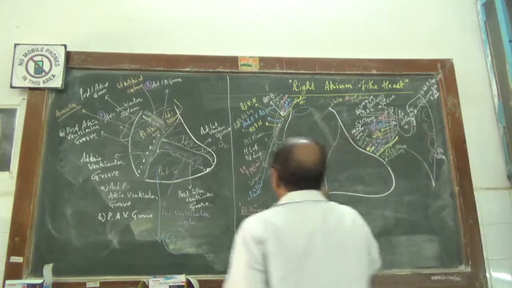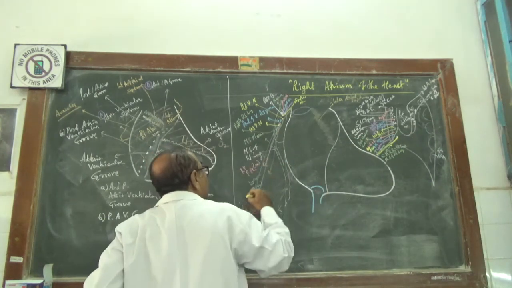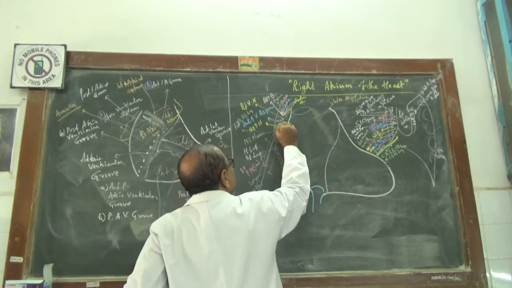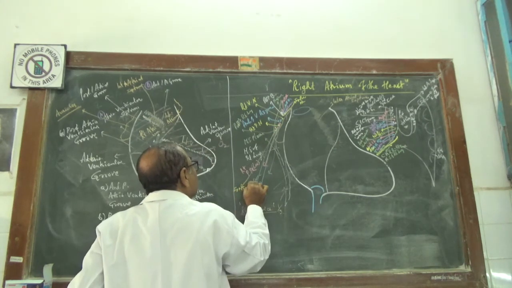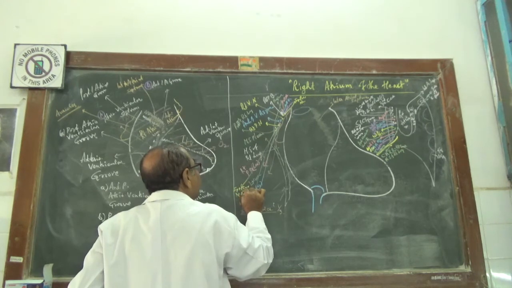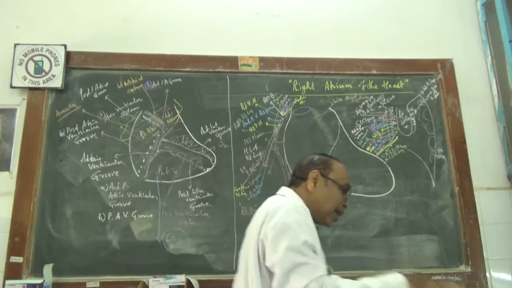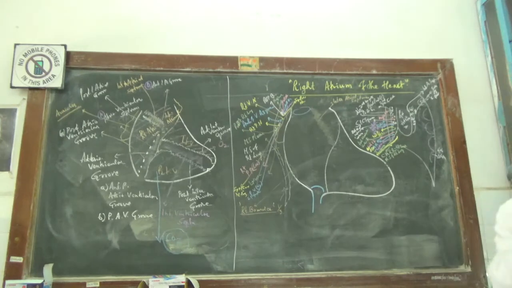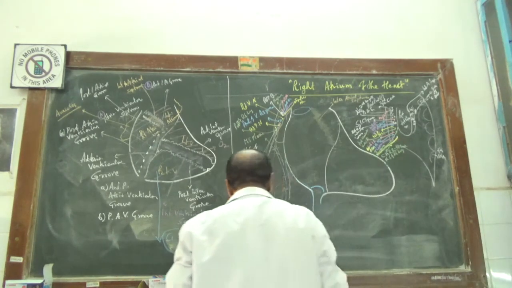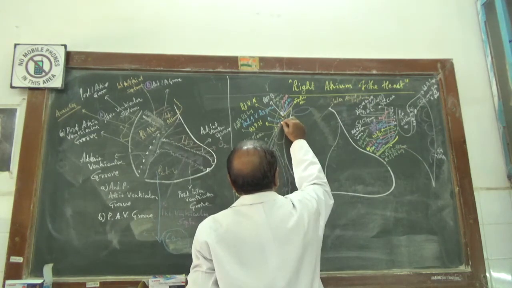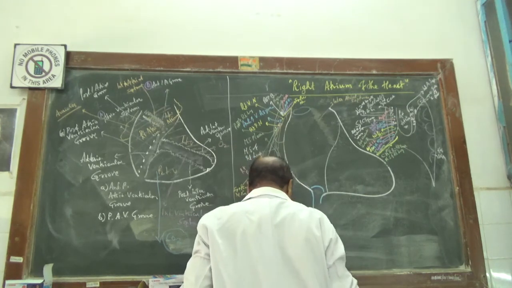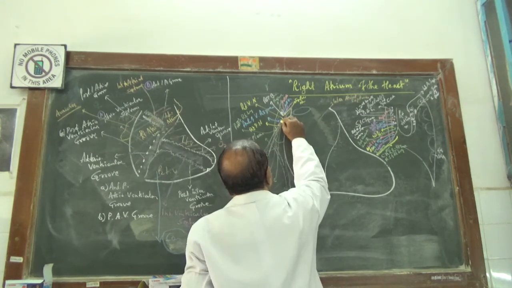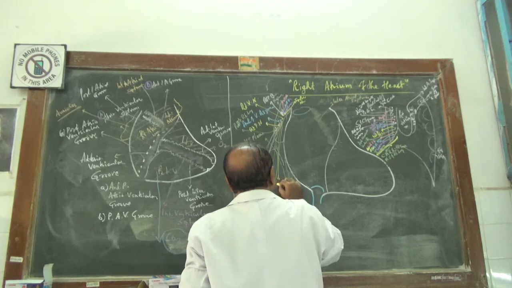In the same manner, along with the pulmonary artery and pulmonary veins, there are sympathetic and parasympathetic nerve filaments to the lungs. Those are the pulmonary plexus. With that, there will be areolar tissue and a little amount of fat.